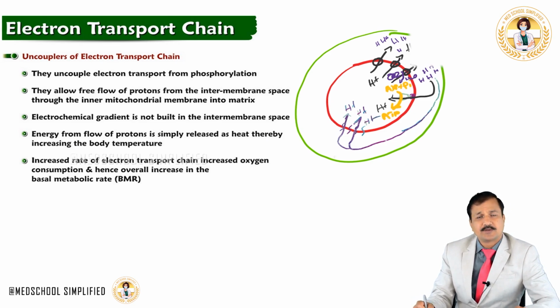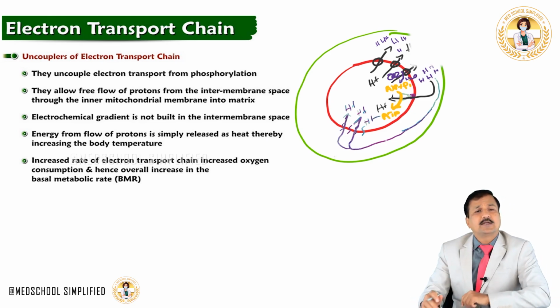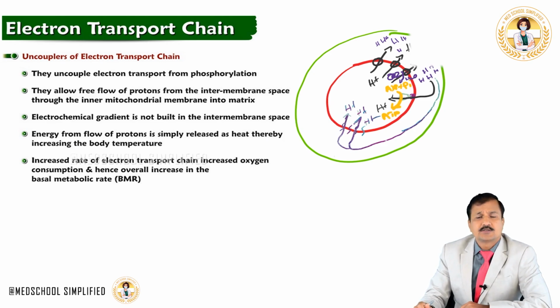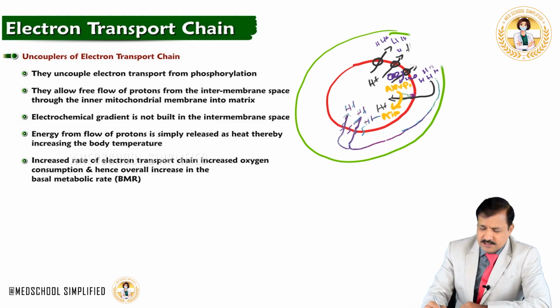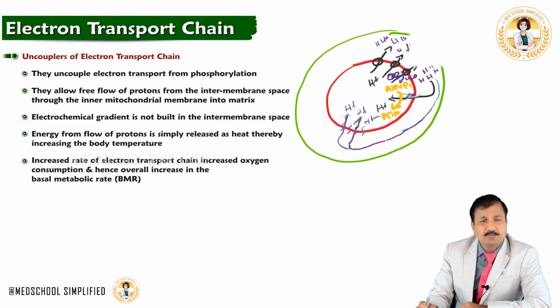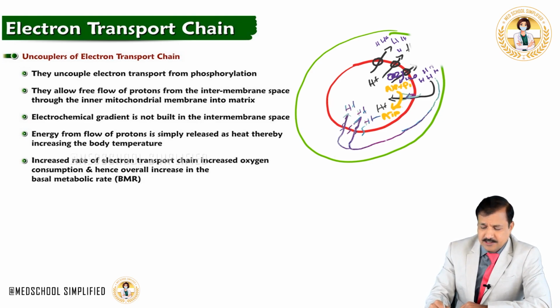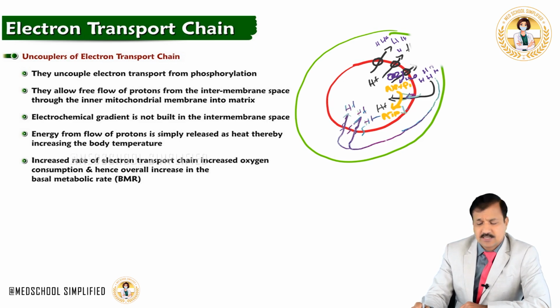Because of this, the proton gradient is not built properly for protons to flow through the ATP synthase. So that process decreases. With less and less protons flowing through the ATP synthase, the phosphorylation will also decrease, and that means ATP synthesis will decrease.